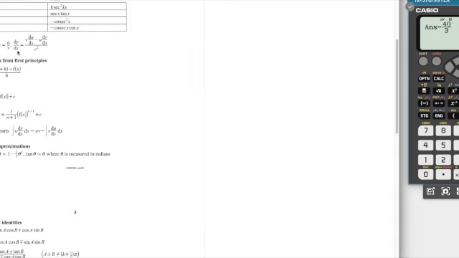So I have got dy by dx is v du, so that is 12x squared root x squared plus 2 minus 4x cubed times x over root x squared plus 2, and that's all over v squared, so that's just x squared plus 2.